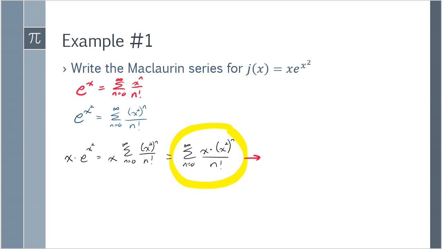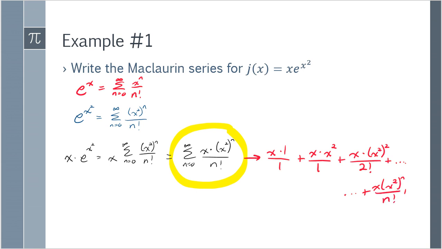In that case, n is starting at 0, so I would have x times x squared to the 0, which is 1, over 0 factorial, which is 1, plus n is 1, x times x squared to the first, which is x squared, over 1 factorial, which is 1, plus when n is 2, x times x squared squared over 2 factorial, which would be 2, but I can also write it as 2 factorial, plus, and then my general term would be what I have there, x times x squared to the n over n factorial.